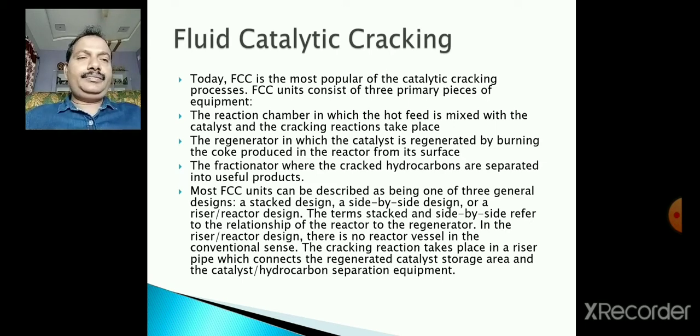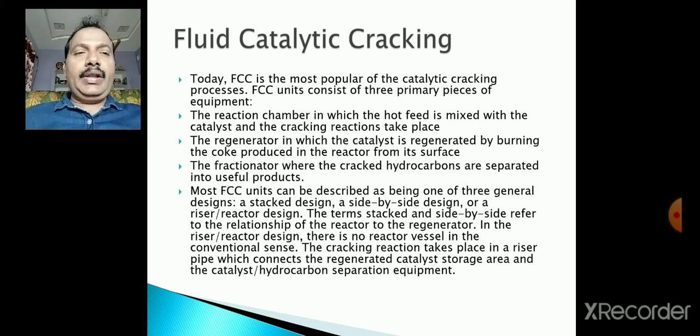That means the catalyst is once again regenerated in this section so that it can be reused in the reaction chamber. And the next one is the fractionator, where the cracked hydrocarbons are separated into useful products. So this is the fractionator distillation column.